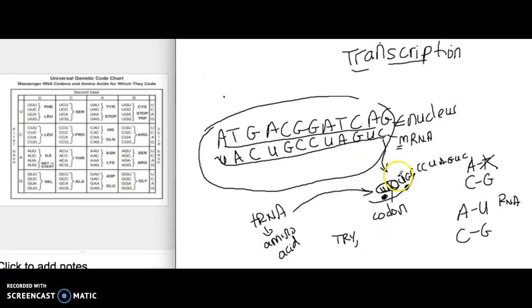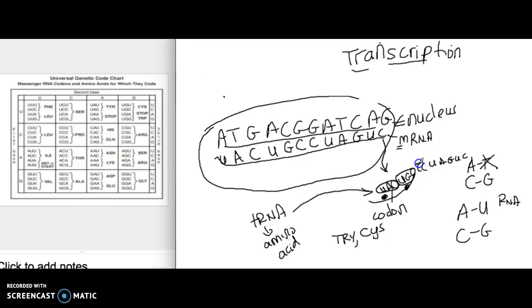Then we're going to take the next codon, which is UGC. It is here. UGC is coding for the amino acid CYS.